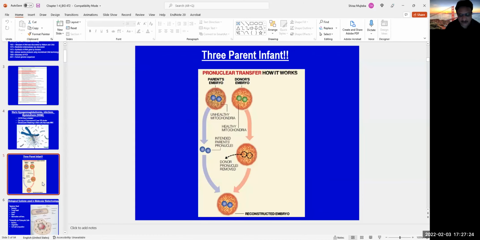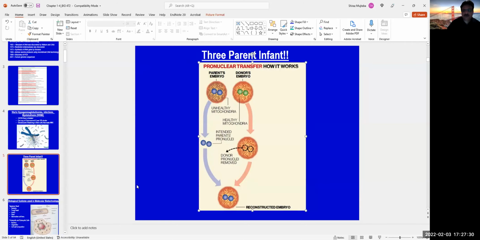Another fascinating discovery, with trials and effort going on, is to treat those individuals who are carrying genes which do not have healthy babies. And particularly one of the things that was not studied in depth was mitochondria, right? Mitochondria is very important.